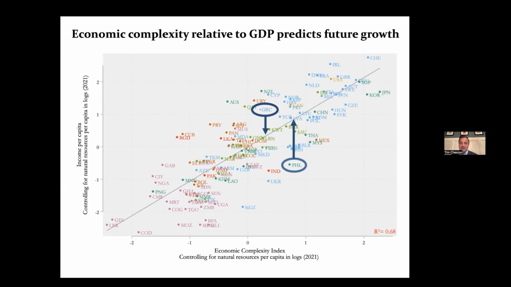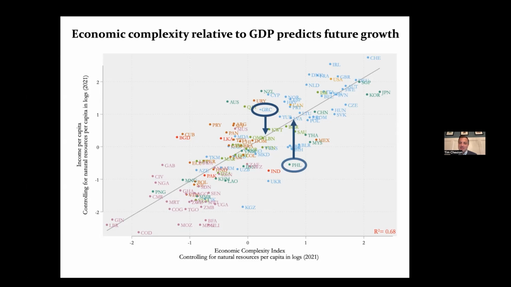And unfortunately, Greece has been one of the countries that has gone exactly in the opposite direction, while the Philippines and India tend to be countries that are growing quite quickly. And so we say, it is not that this method is wrong, it is that the world is wrong.